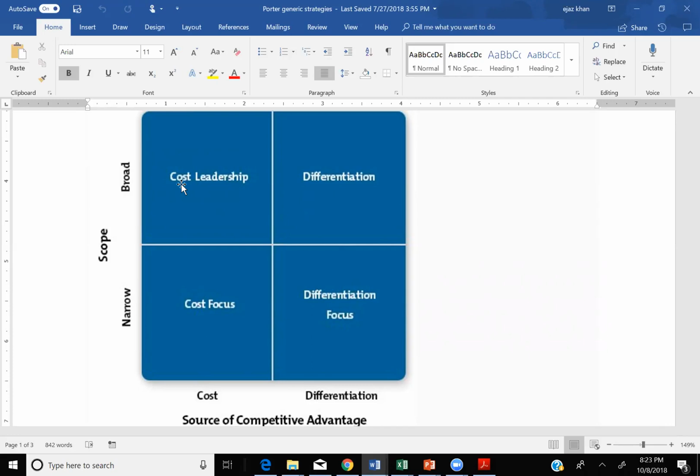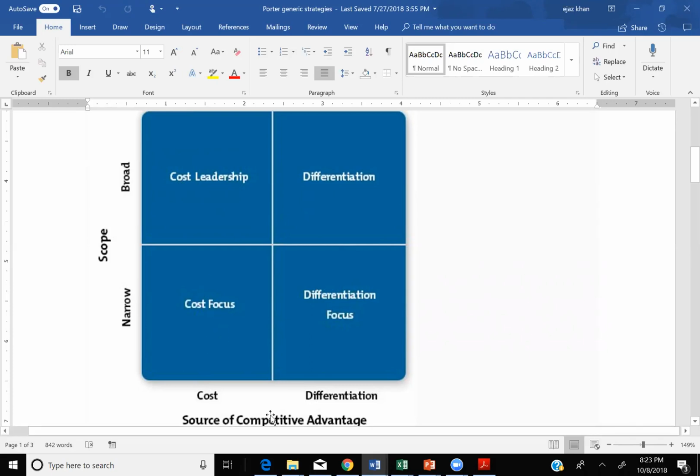So under the cost leadership strategy, a company will be able to earn its minimum profit by producing the product at the lowest possible cost.